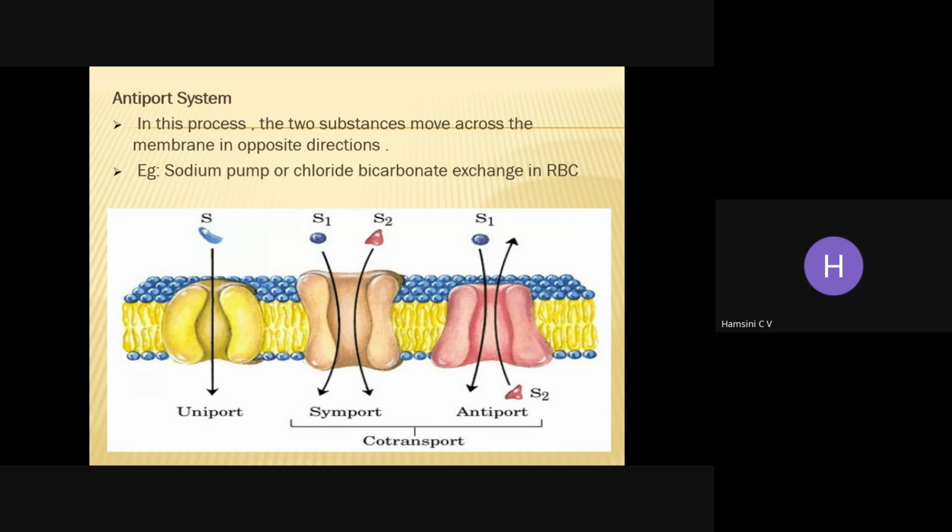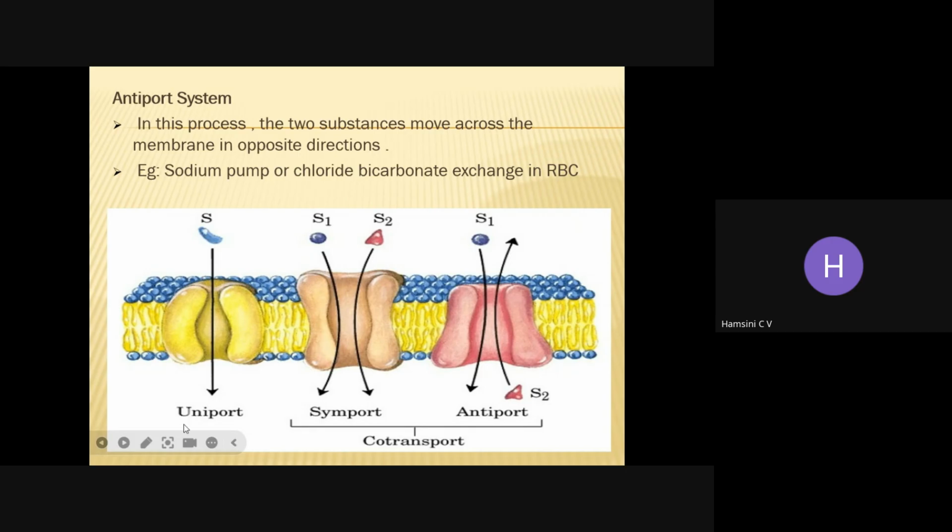And just in uniport you can write. Could you just tell again what is antiport and uniport? Uniport means the movement of a substance in only one direction. One substance is moving in one particular direction, that we call uniport.